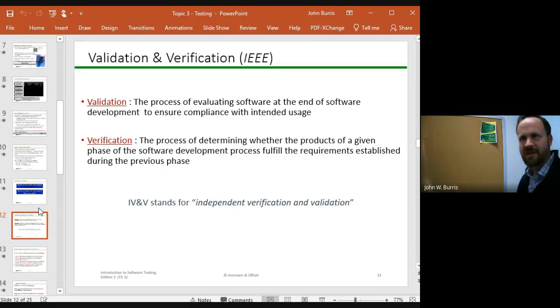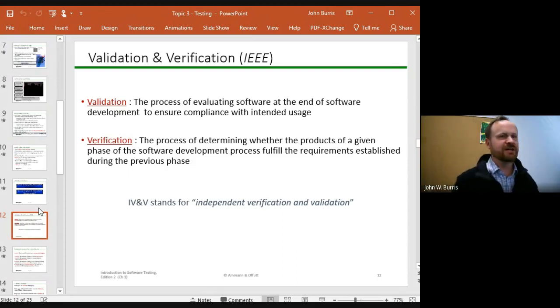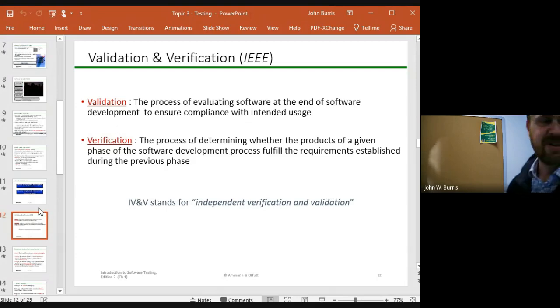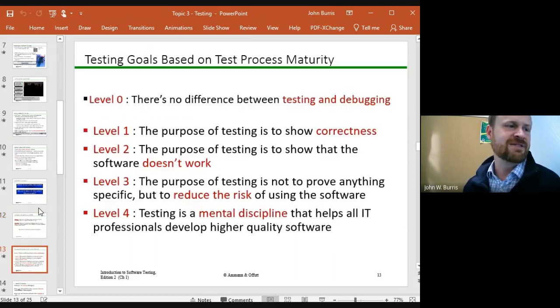You have to verify that your process works, and you have to validate that it should be used. Does that make sense? So you want to make sure you're not creating a solution to a problem that doesn't exist, right? And you also want to make sure that your solution actually fixes the problem. So that's validation and verification. Two very important words, but mainly for the grad students in here.